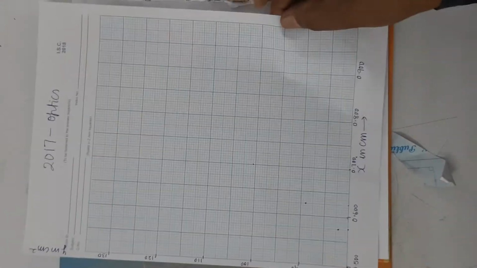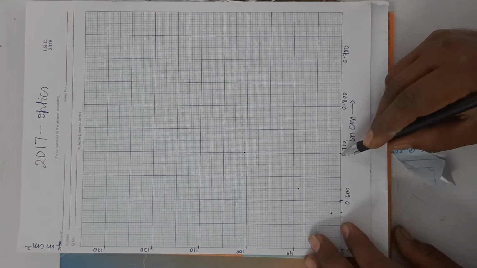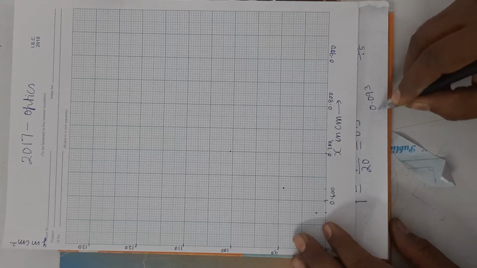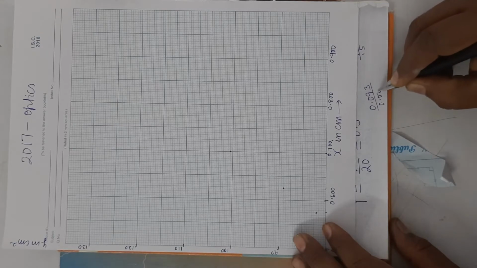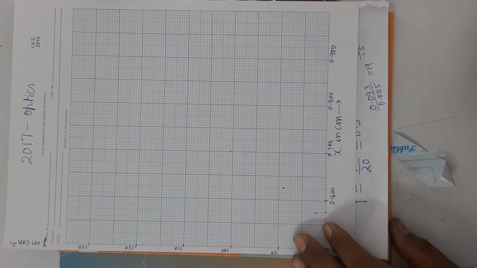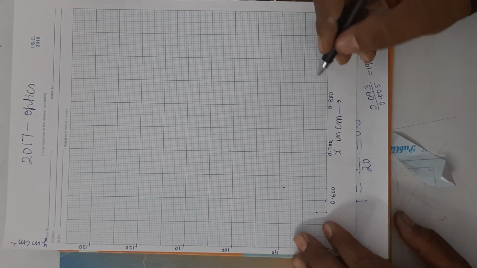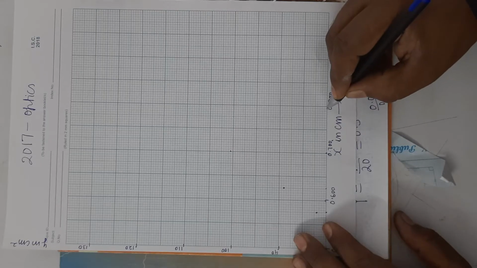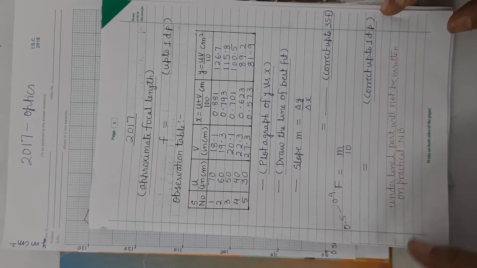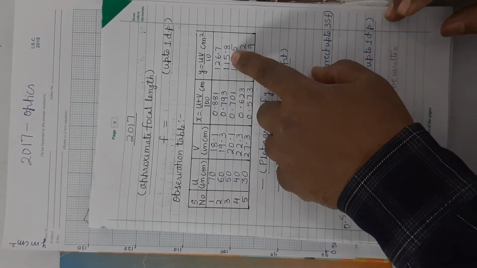You can see 0.7 is this. How much is left? 0.093. When you divide by 0.005, that is 19 divisions. 19 times 5 is 95. So 19 divisions will be somewhere here. It's clear? And for this you have to plot 115.8.